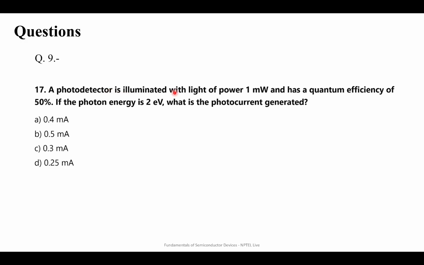A photodetector is illuminated with light of power 1 milliwatt and has a quantum efficiency of 50%. If the photon energy is 2 electron volts, what is the photocurrent generated? 0.4 milliamperes, 0.5 milliamperes, 0.3 milliamperes, 0.25 milliamperes. So the incident light is of power 1 milliwatt, its photon energy is 2 electron volts, and the quantum efficiency of the given photodetector is 50%.